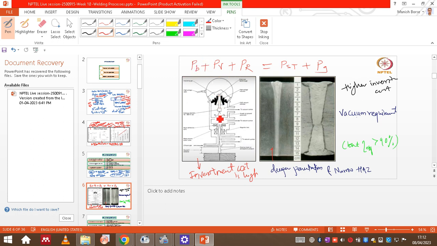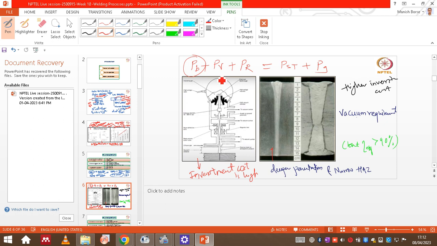We have seen in laser beam welding also that PB is higher. But in the case of electron beam welding, this beam pressure is very high. Because electrons are very tiny, when they hit the workpiece surface, the kinetic energy of the electron, because of its lower mass, is higher, and it converts kinetic energy to heat energy. It is also concentrated on a very narrow area.